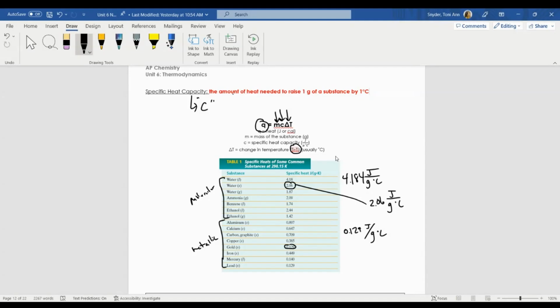Specific heat capacity tends to be in joules per gram degree Celsius. You might also see a molar heat capacity, and it's the same exact thing. Your molar heat capacity would be joules per mole degree Celsius. Be careful with those. Moles versus grams is a simple molar mass conversion between the two.